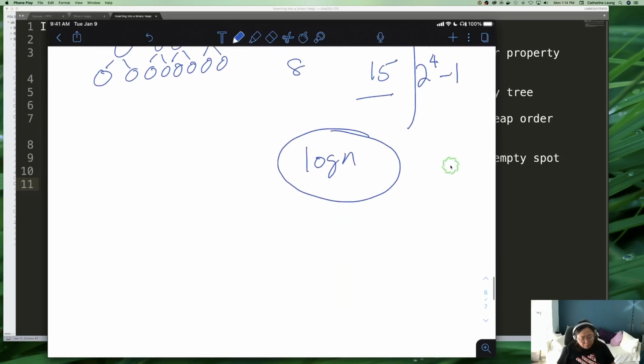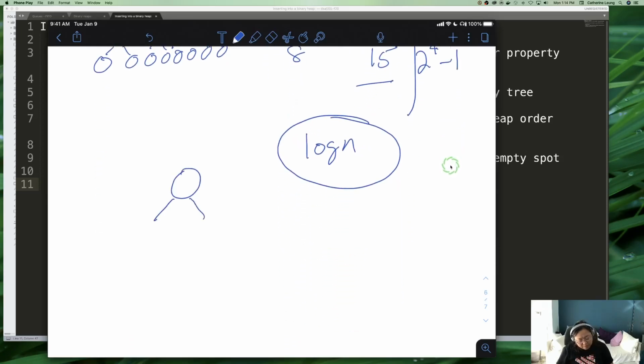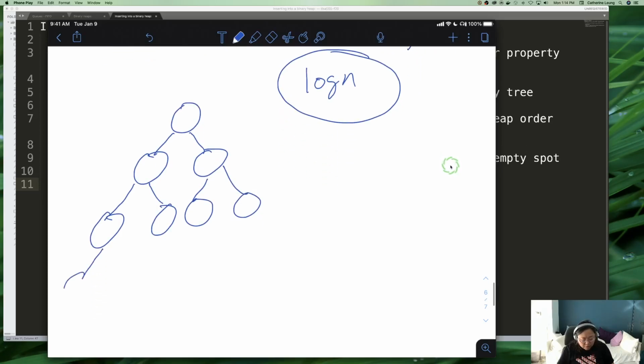Okay. So what does all this imply? Well, if we can somehow just simply add a node anywhere at the bottom rightmost level, then once we have added this node, here is my empty node. What will happen after I put the empty node in?